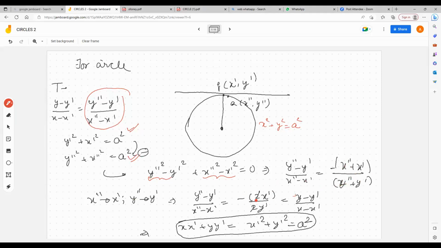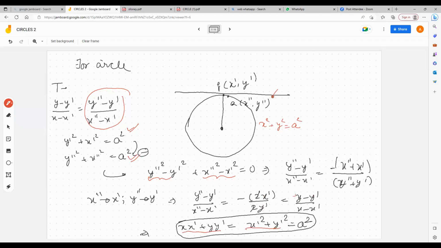So the slope of PQ is minus x' by y', and this is equal to (y minus y') by (x minus x'). Now if we multiply it and bring it this side, it becomes x x' plus y y' equals x' square plus y' square equals a square.